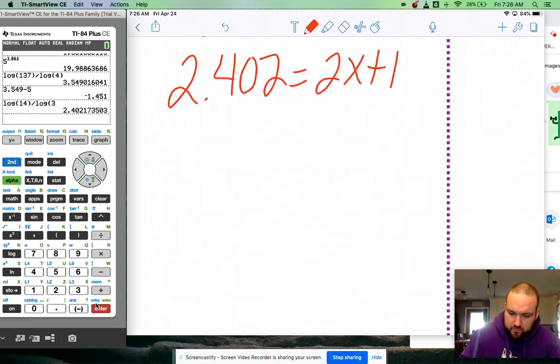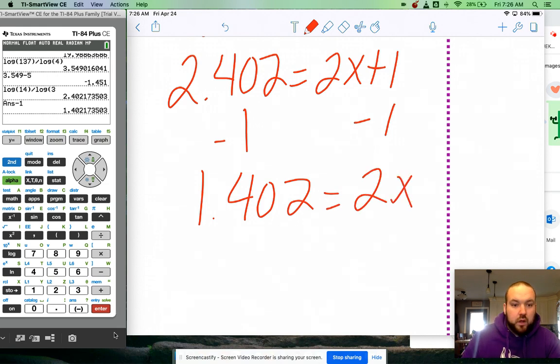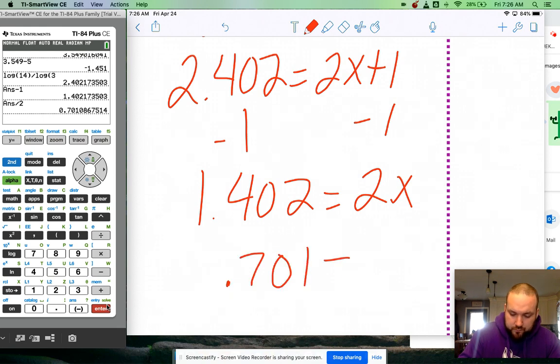Now we just let regular algebra take over. Take away 1 from both sides. I got 1.402. Probably could have done that without a calculator. And then we're going to divide by 2 on both sides. 0.701 is my missing value.